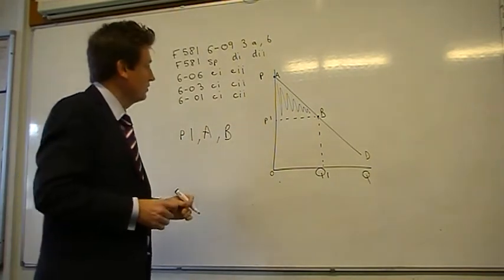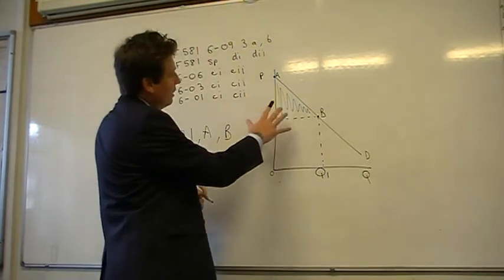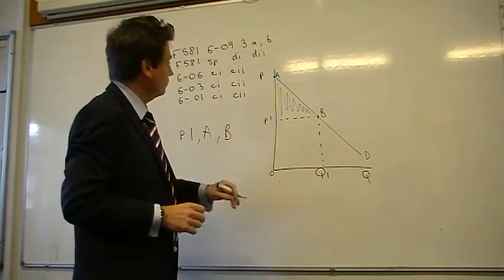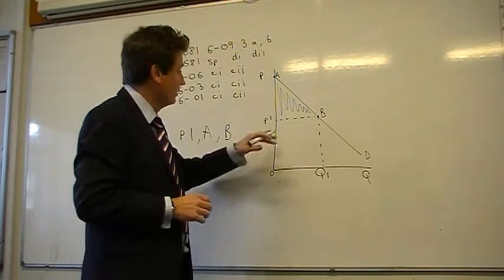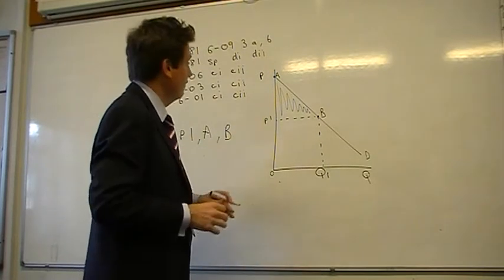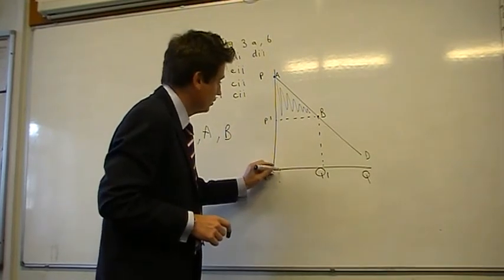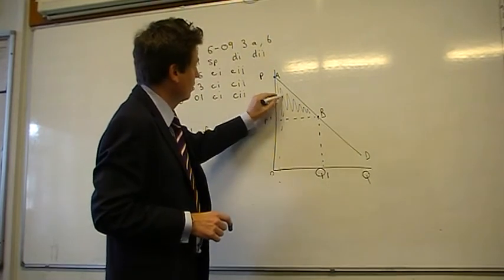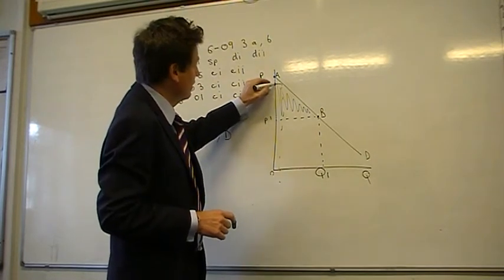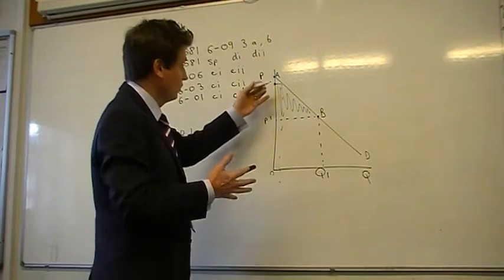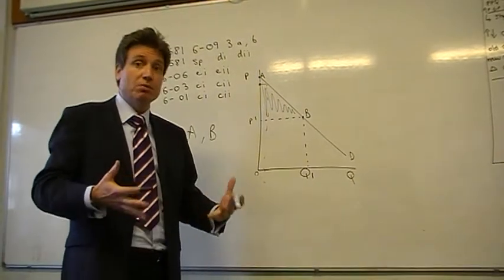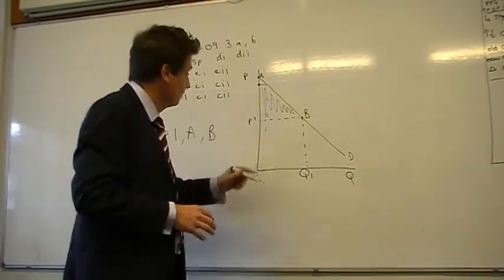And we can see this quite simply, can't we? Because a lot of consumers are willing to pay a higher price than they're currently being charged. Let's have a look at this. So for instance, a small number of consumers, if we go up there, would have actually been willing to pay this price. They're obviously getting the good at a cheaper price than they've been willing to pay for.